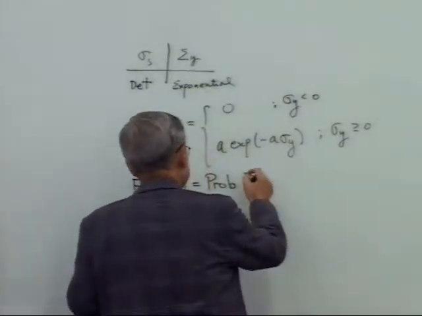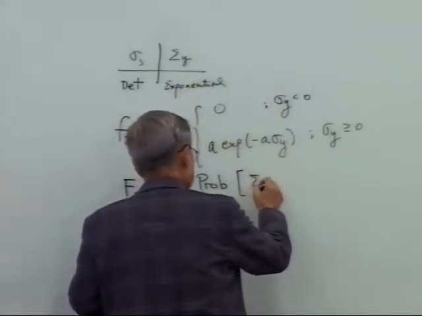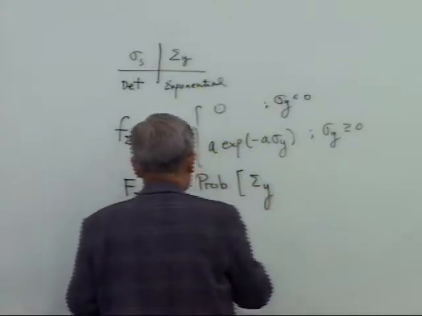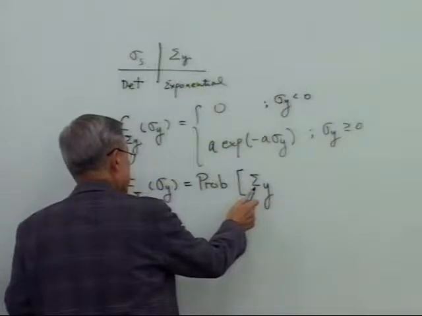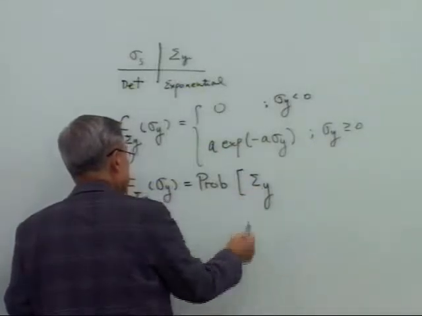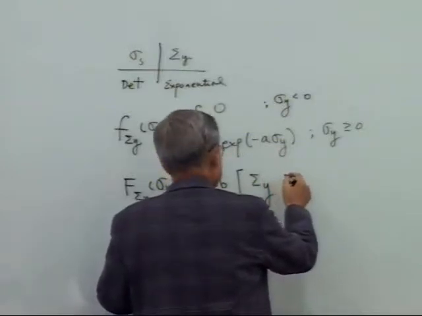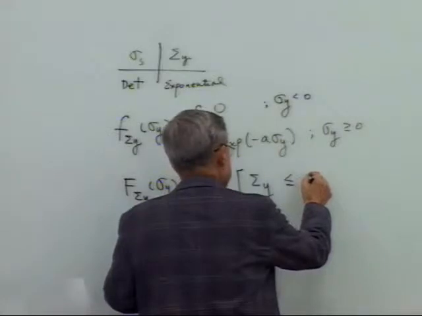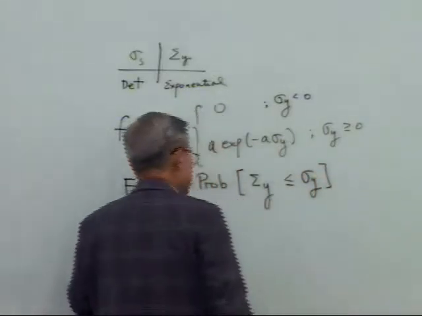It's a probability such that the random yield stress here is less than or equal to sigma y.